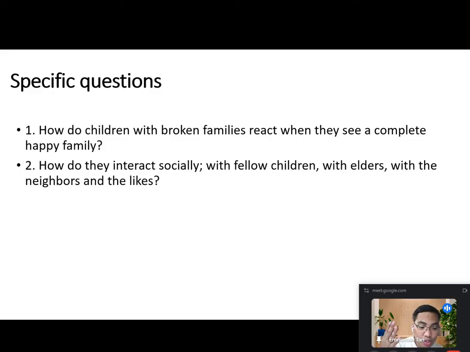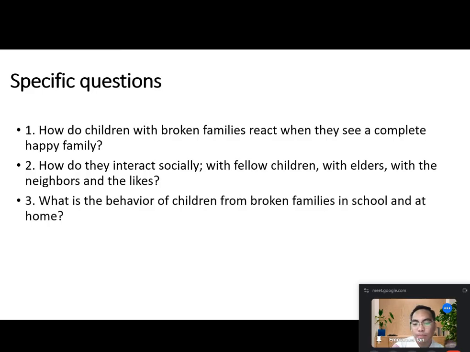So, from the reaction, okay, how about their interaction with other people? Diba? So, feelings mo, and then towards others. How do they interact socially with fellow children, with elders, with neighbors, and the likes? Yung reaction niya, and then yung feelings.